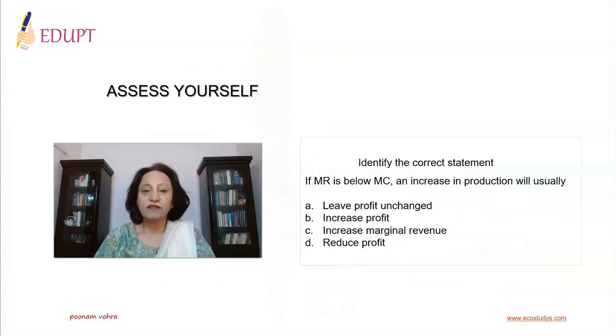Now assess yourself and identify the correct option out of the 4 options given for the statement. The statement is, if marginal revenue is below marginal cost, an increase in production will usually: option A, leave profit unchanged; B, increase profit; C, increase marginal revenue; or D, reduce profit.